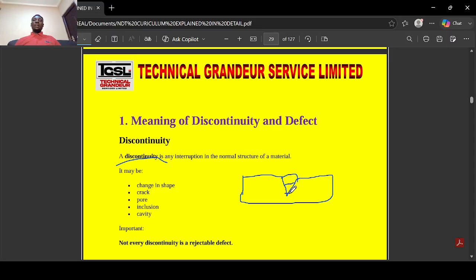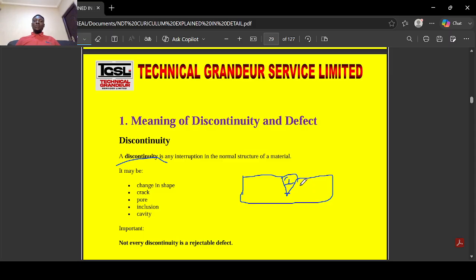When you talk about discontinuities, these are the weld joints, then we have some defects. For example, lack of fusion, and slag occlusion. I'm just setting an example. All these are discontinuities.